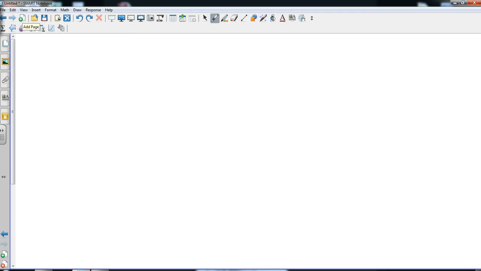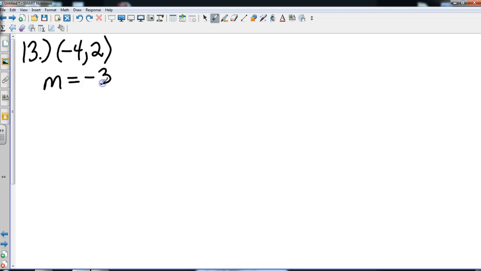Okay, 13. Lucky number 13, they gave us our slope. What's our slope? 1/3. What's the negative reciprocal of 1/3? Negative 3. So my equation is going to start off as y equals negative 3x plus b. What do I substitute in for the y coordinate? 2.